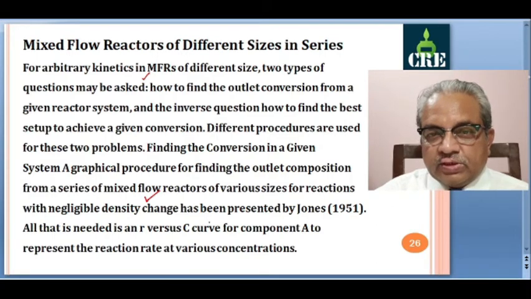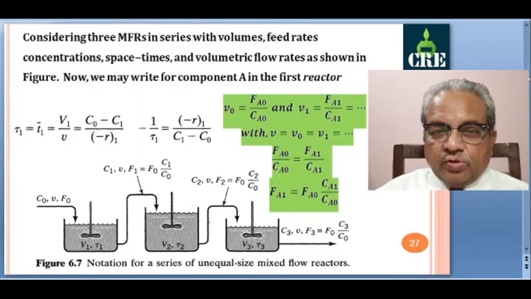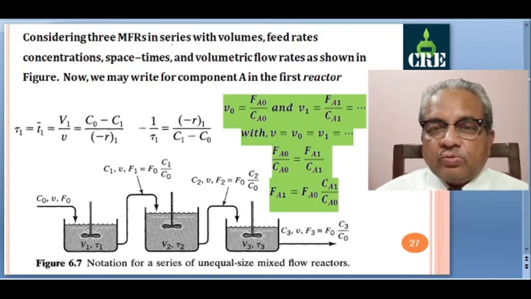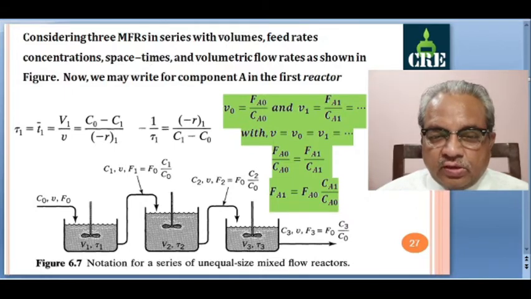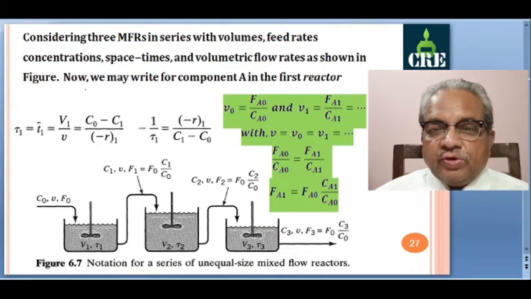So rate versus concentration curves we need. We'll see what exactly it means. Considering three flow reactors in series, now you can see here reactors are of different sizes V1, V2, V3. So tau 1, tau 2, tau 3 will be different. So volumes, feed rates, concentrations, space times, volumetric flow rates, etc. are given.